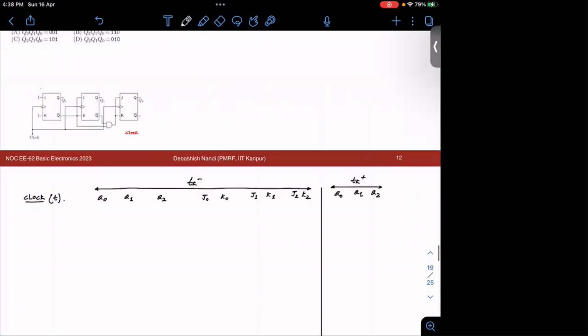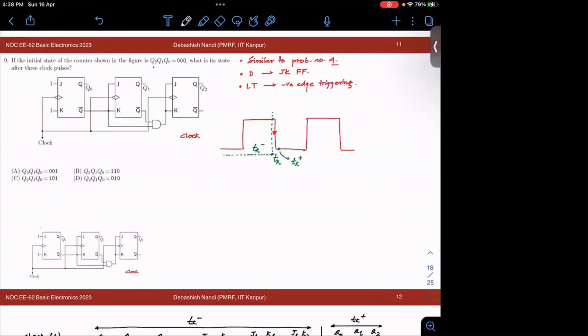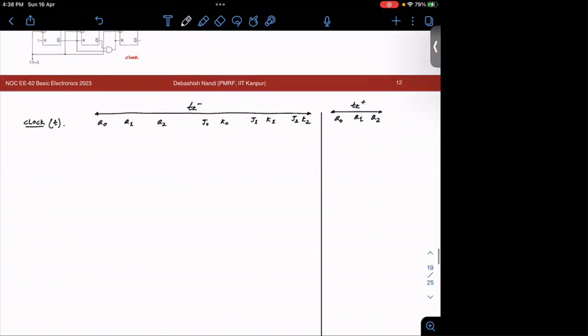So what is the question? Question is that the initial state is 0, 0, 0. Fine.